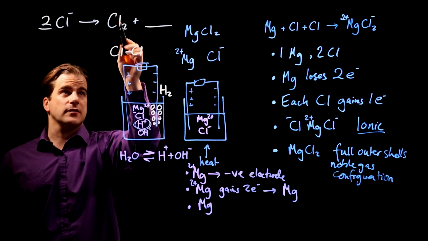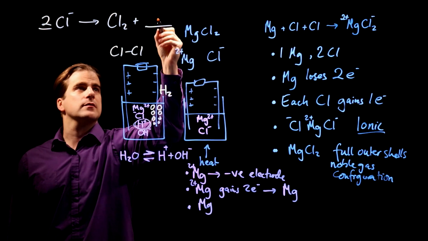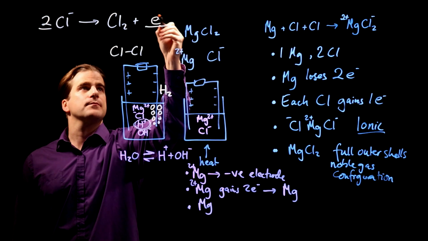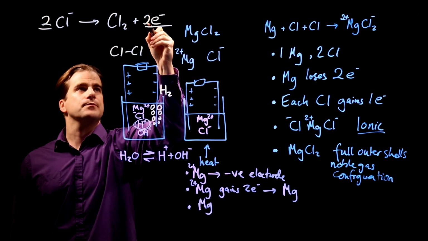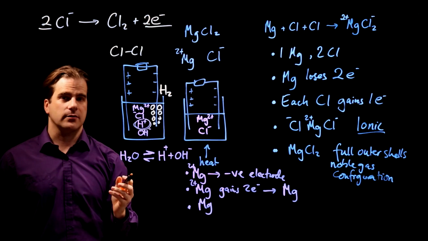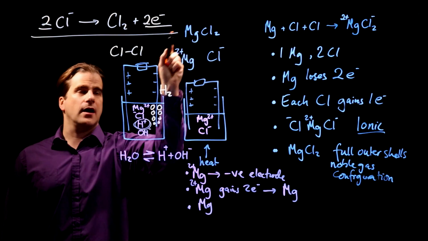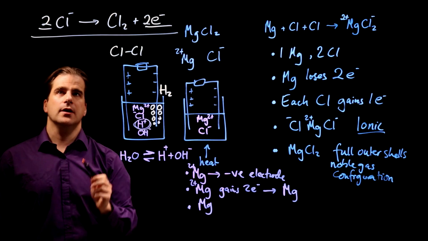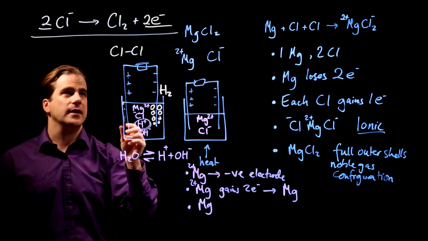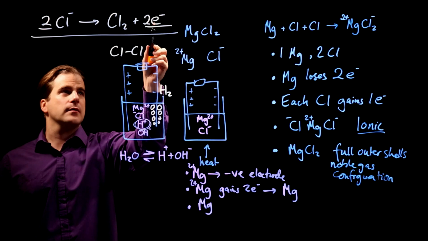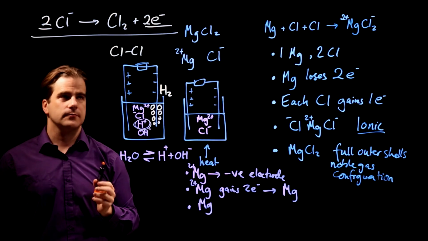Cl2 is neutral, there's no charge on that. So it must be 2 electrons coming out. And that's it. That's the half equation. 2 Cl minuses go in, it makes Cl2 plus 2 electrons.